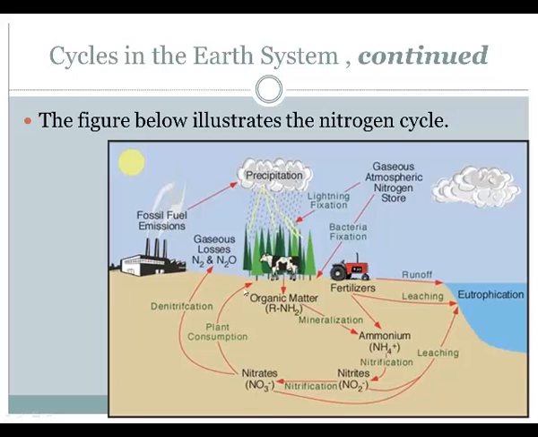But then plants absorb them, and then the cow comes along and eats the plant. Those nitrates are absorbed into the cow, and we eat the cow, and we take in those nitrates. Or denitrification can occur, and those nitrates are just converted back into nitrogen gas found in the atmosphere.